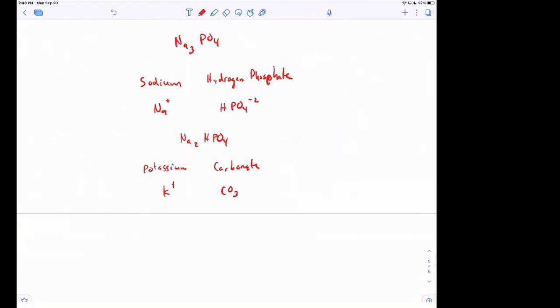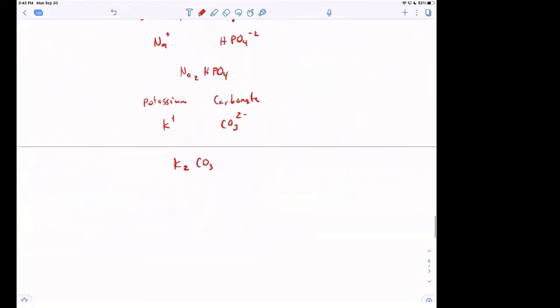So same idea, you need 2 of the positive charges to counteract the -2. The 2 positive potassium ions counteract the -2 carbonate. You guys, are you following that logic?